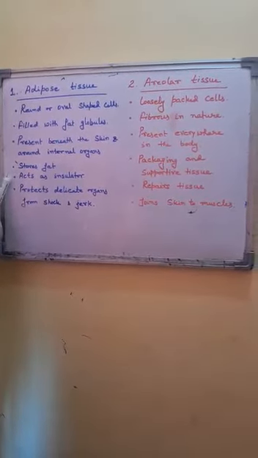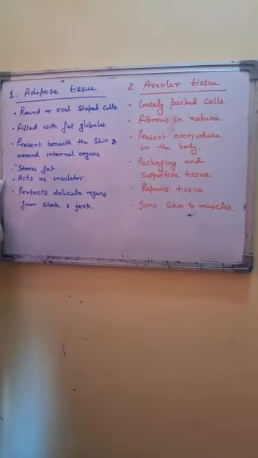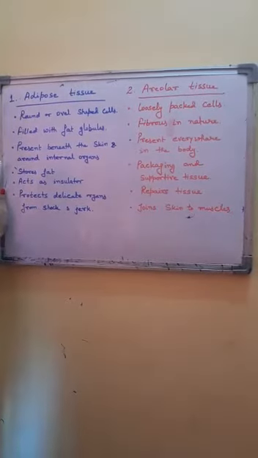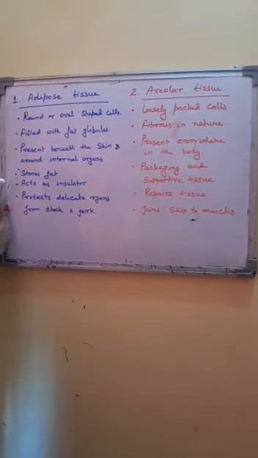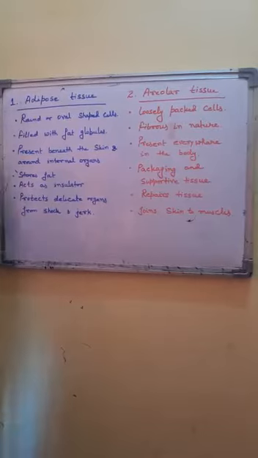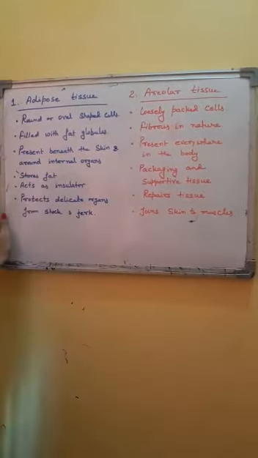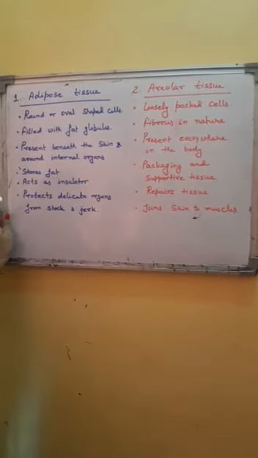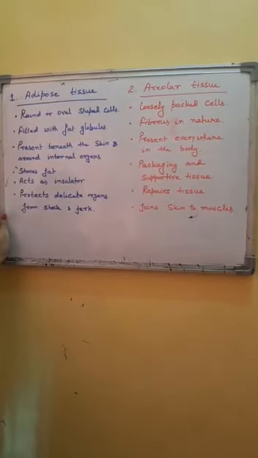It also acts as an insulator. As fat is an insulator, it keeps the body warm. It also protects delicate organs from shock and jerks. As stated earlier, it is present around internal organs, so it forms a layer around those organs and protects them from external shock, jerk and injury.